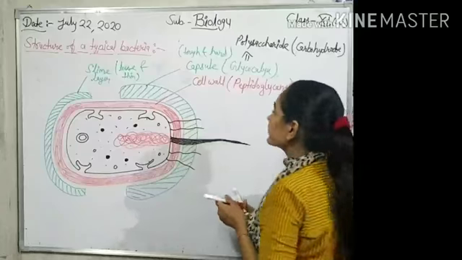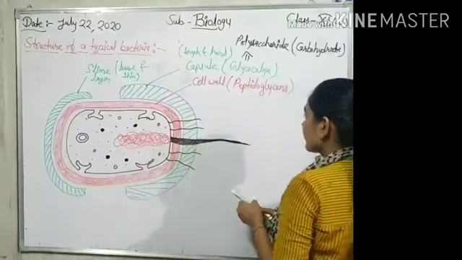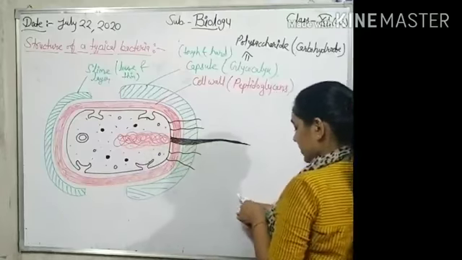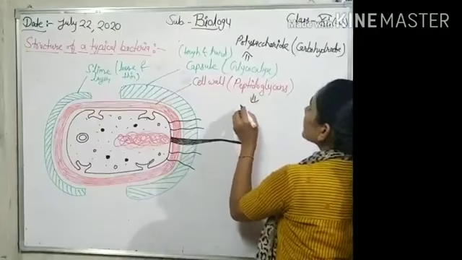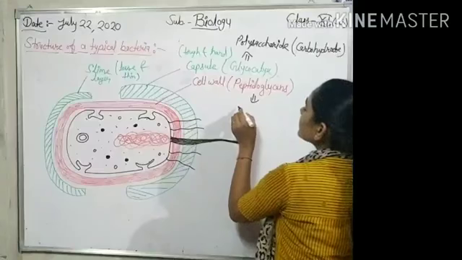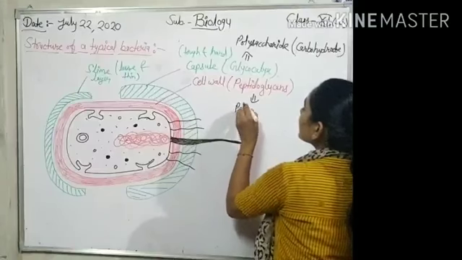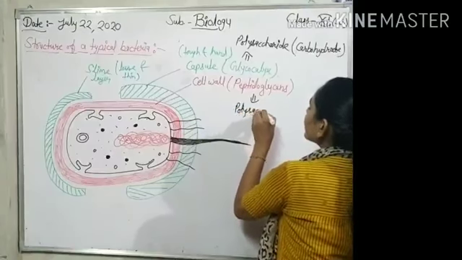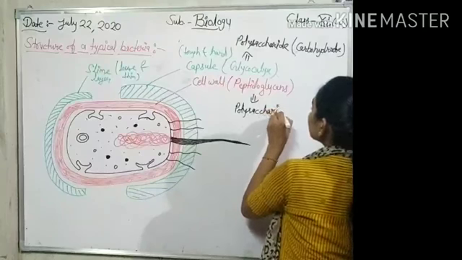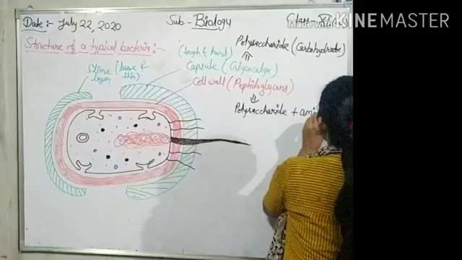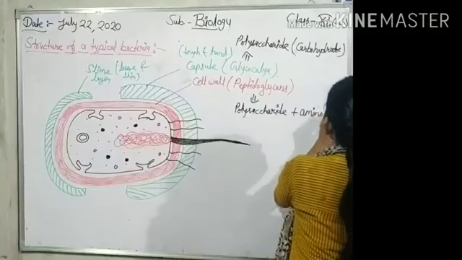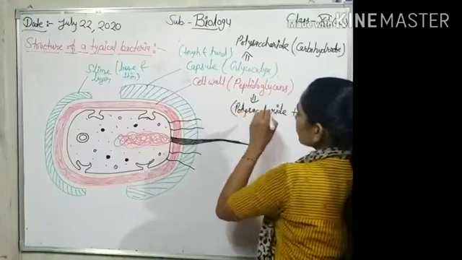Peptidoglycans are also known as murein, and it is a polysaccharide and amino acids part.